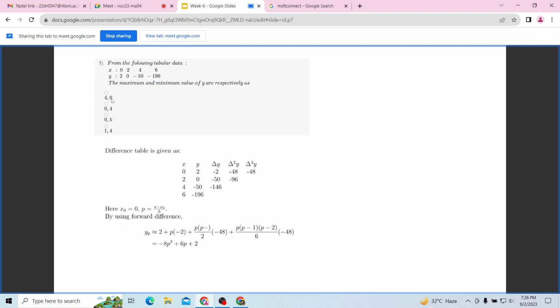So correct option is A. Fine. Are you all getting it as option A? The maximum and minimum value of y?